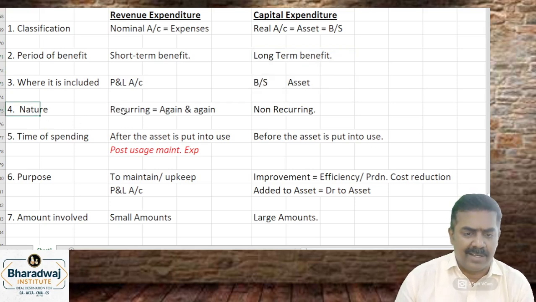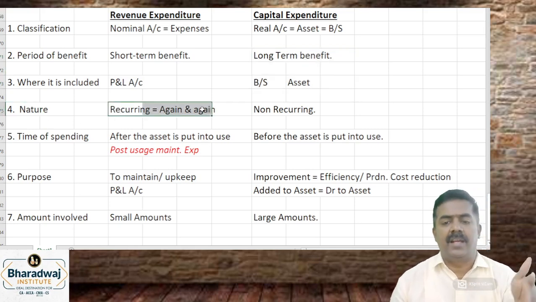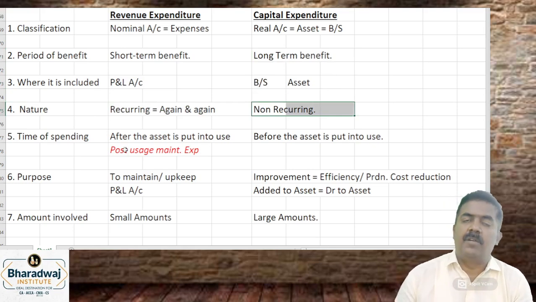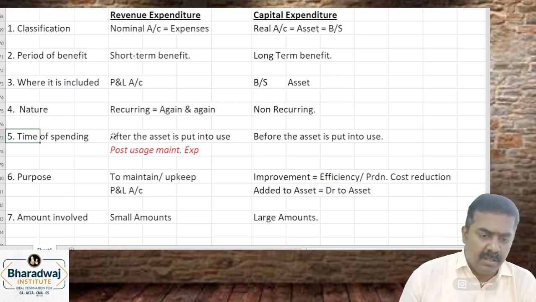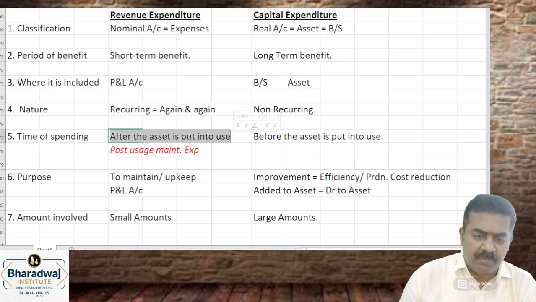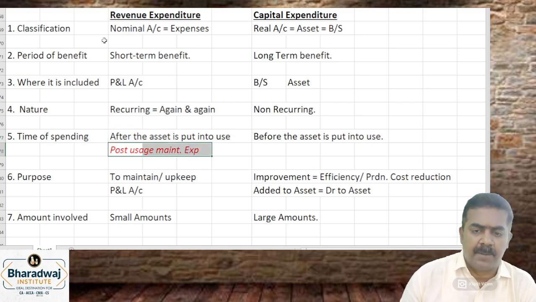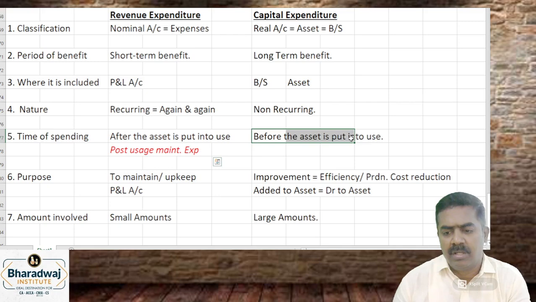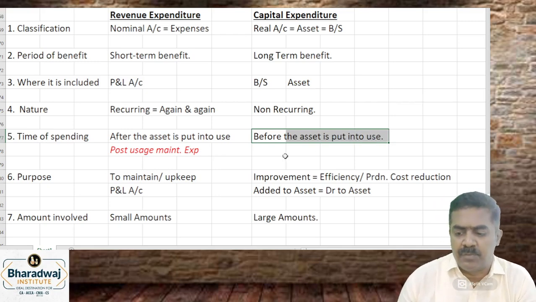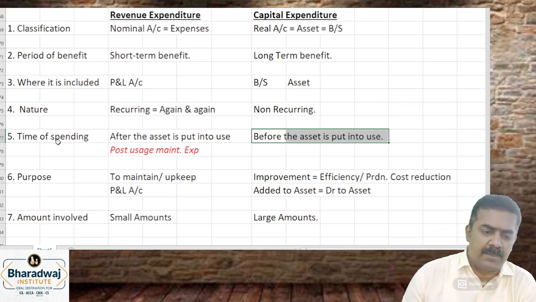Clear? Recurring revenue expenditure will be spent again and again. Capital expenditure will be what? Non-recurring in nature. After the asset is put into use, when you spend money for maintenance purpose, that is which expenditure? Revenue expenditure that will be charged in P&L account. Before the asset is put into use, if you spend money, that is which one? Capital expenditure.